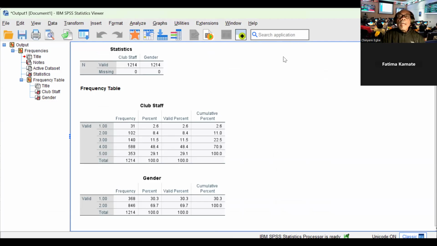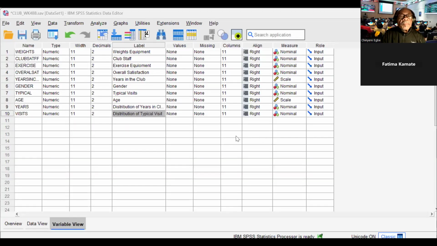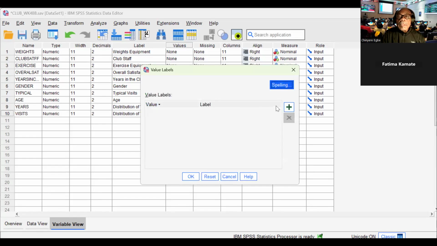Okay. So I'm going to do something else to make things easier. All right. So what I'm going to do here, values and gender, I will create a gender table.